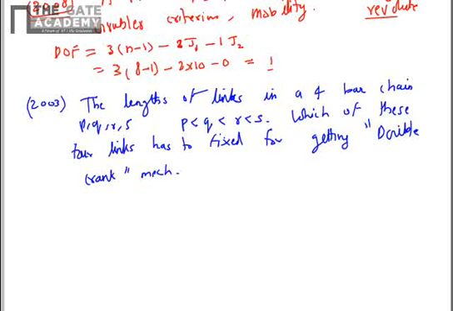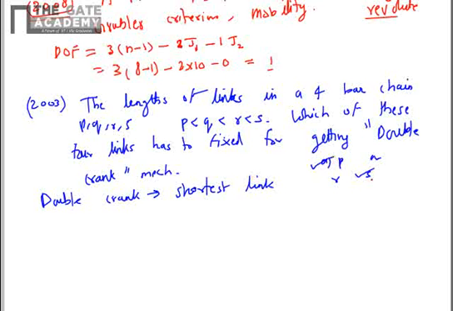So this we know from our earlier study that for obtaining the double crank, the shortest link has to be fixed always. So the correct option is the shortest link. In this case, P is less than Q is less than R, so the shortest link here is P. So you have to pay attention.